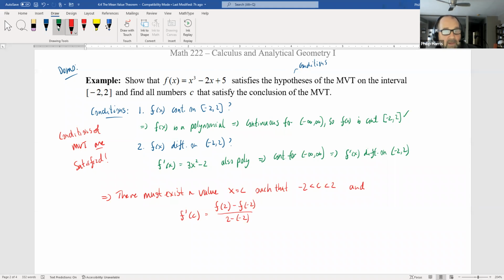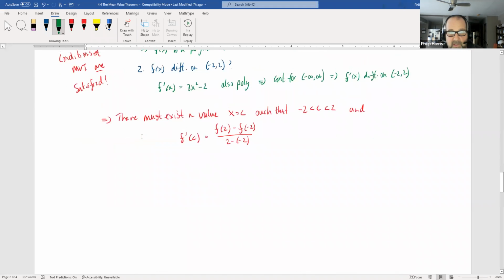So let's evaluate that here. This is going to be equal to what? So f of 2, this is 2 cubed minus 2 times 2 plus 5, minus -2 cubed minus 2 times -2 plus 5, all over 2 minus -2, double negative is plus, this is a 4.